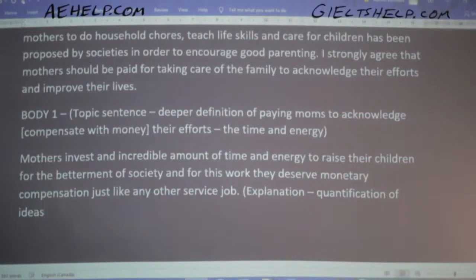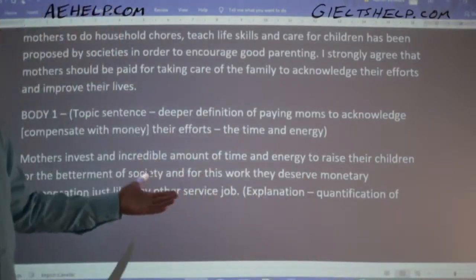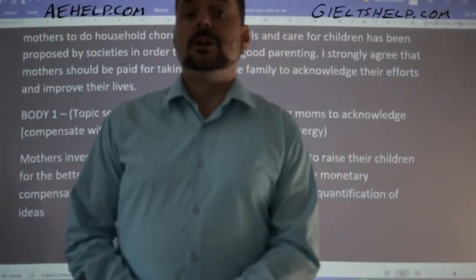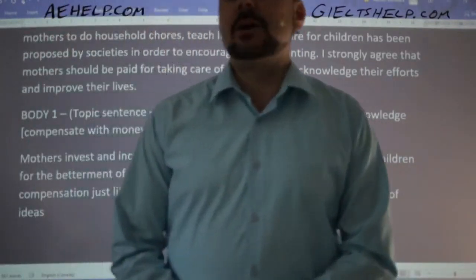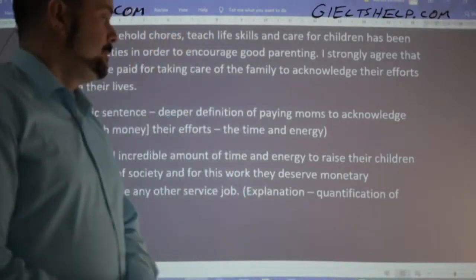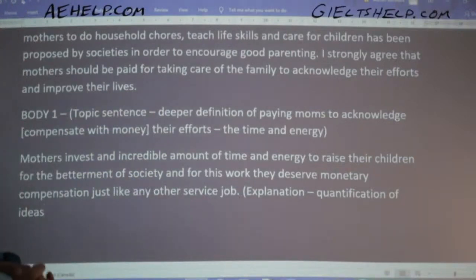So when we write something like invest an incredible amount of time and energy, then we want to explain that. So what do you mean lots of time and energy? 12, 14, 16-hour days, even longer if those kiddies get the flu or get sick. So this is where we quantify, right? To raise their children.